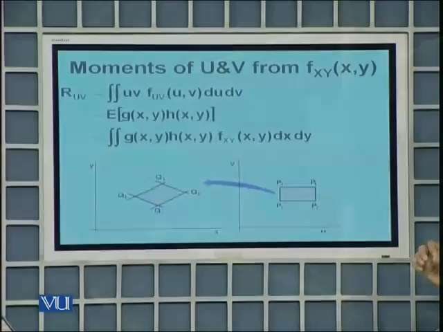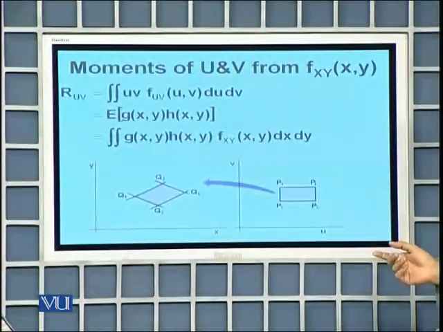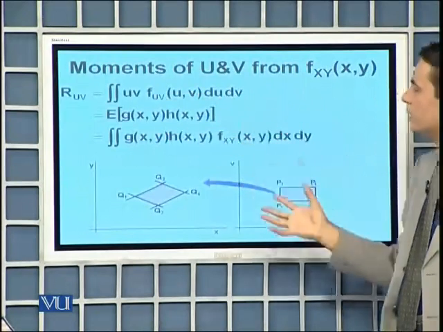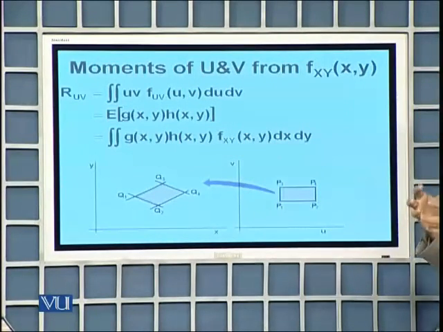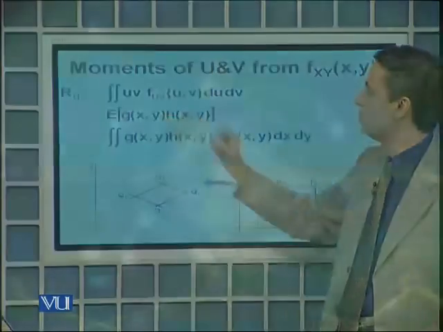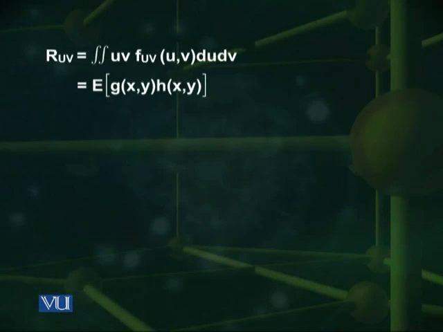This is the original formula that you could have used if you had known the joint PDF of u and v. But if you don't know this, then you should try to see how u and v are related to x and y, which is already given: u is equal to g of x and y and v is equal to h of x and y.